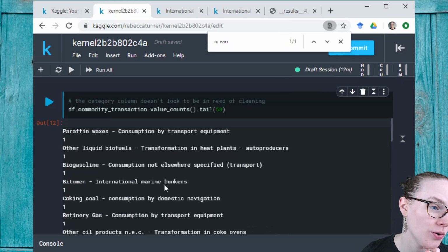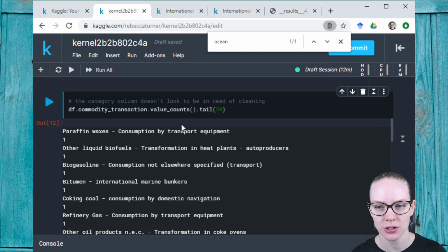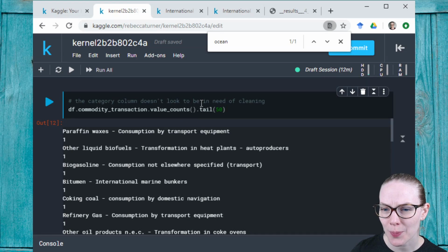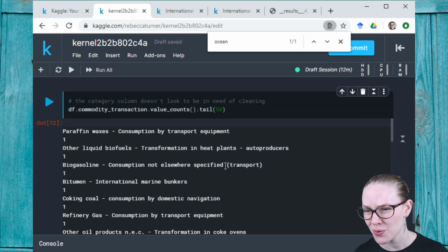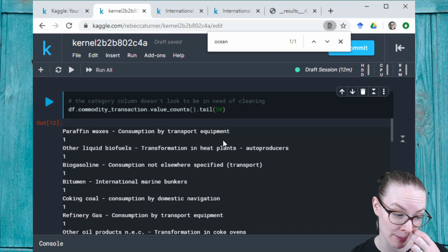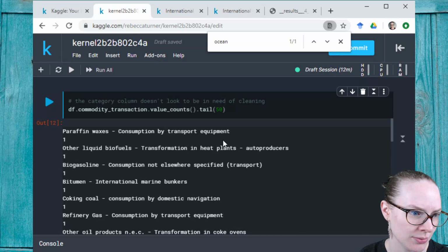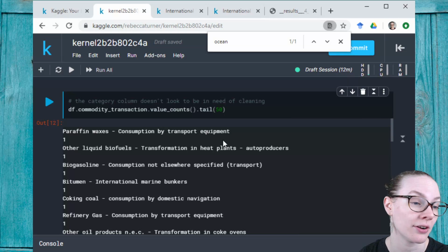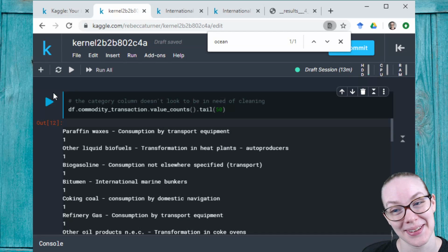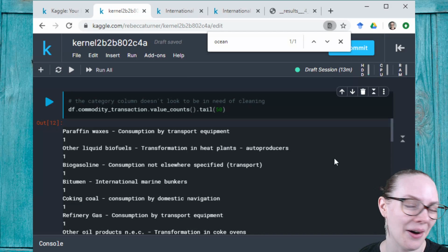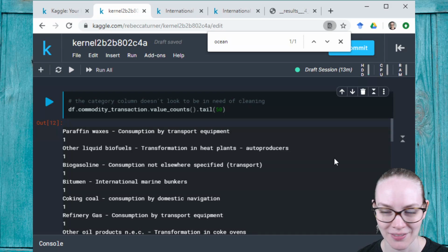All right, so these seem to be pretty narrow. So other liquid biofuels, transformation and heat plants, auto producers. So this would be like a power plant that generates stuff by heat where it's producing its own liquid biofuel, I guess. I don't know what that would be or look like. This is not my bailiwick. Actually, Sawyer Dane, who works on competition, some of y'all might be familiar with, does have a background in energy, so he would maybe be a slightly better person to offer information on this.